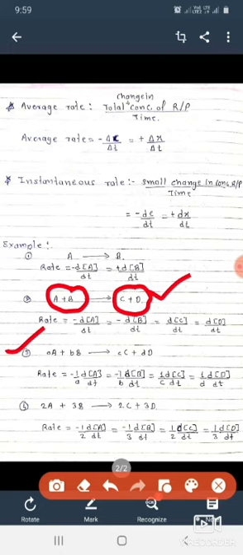The next example is very important related to the rate of reaction.